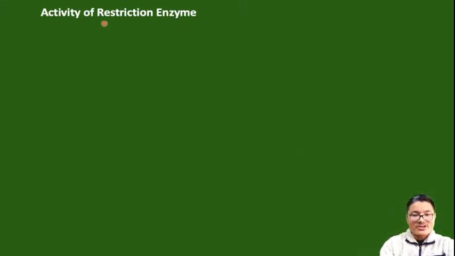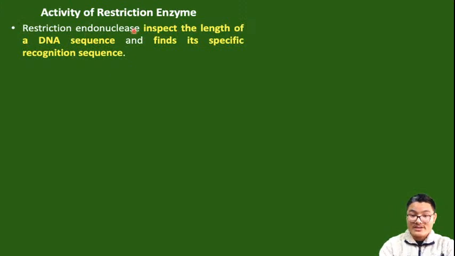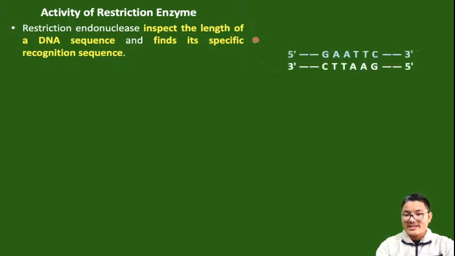So, the activity of restriction enzymes. We are saying that restriction enzymes will be cutting the DNA. How are they going to cut the DNA? Restriction endonucleases will first observe and inspect the entire length of the DNA sequence. Suppose we have this DNA sequence with 5 prime GAATTC as nitrogenous bases, running from 5 prime end to 3 prime end, and the opposite strand from 3 prime end to 5 prime end, also GAATTC.